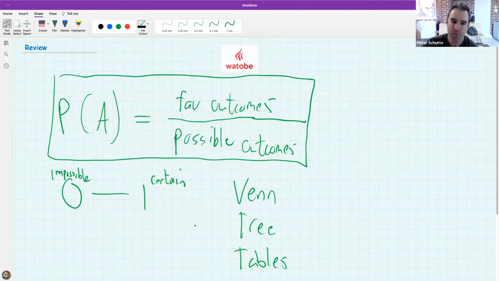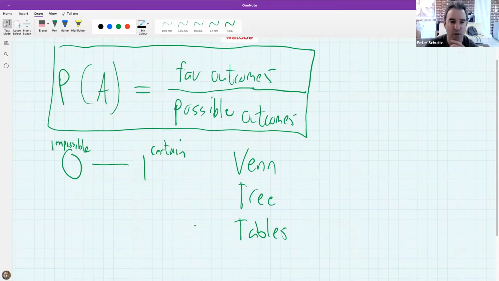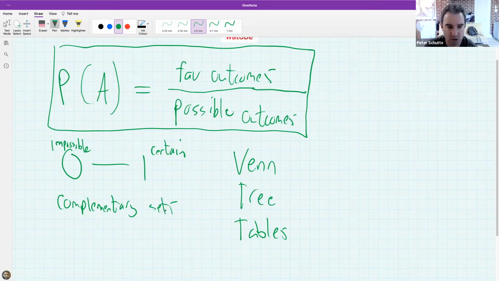And then we briefly touched on stuff like this, but there's some vocabulary that's important. So there is something called complementary sets. If sets are complementary, basically they fill the whole sample space and they are mutually exclusive. We also need to talk about vocabulary.